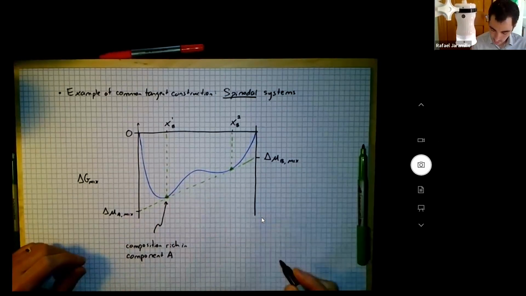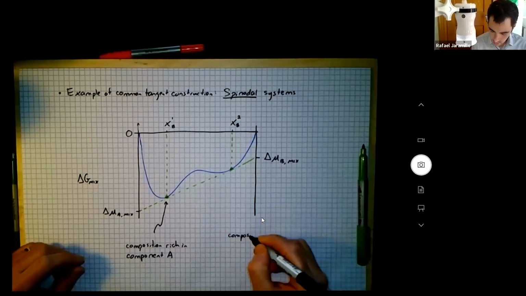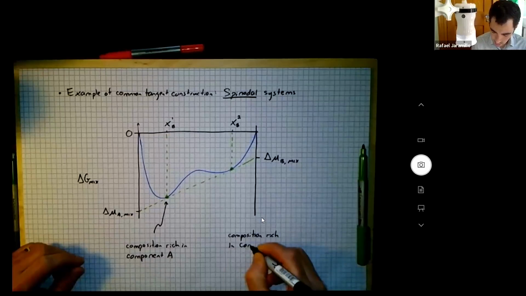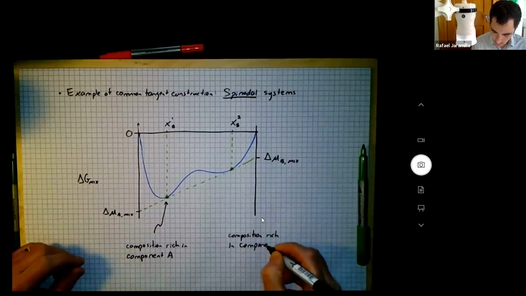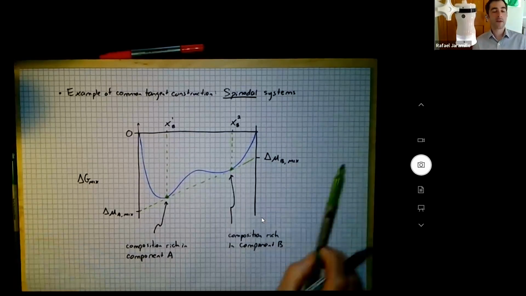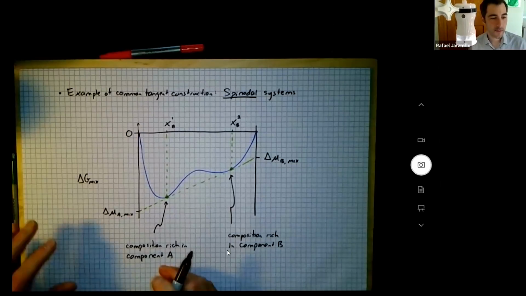And here's a composition rich in component B. And we saw some examples of this on the slides from Monday's lecture. Okay, so there's the common tangent construction for a spinodal system.